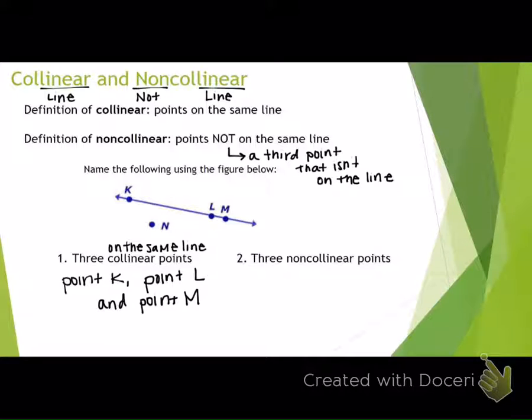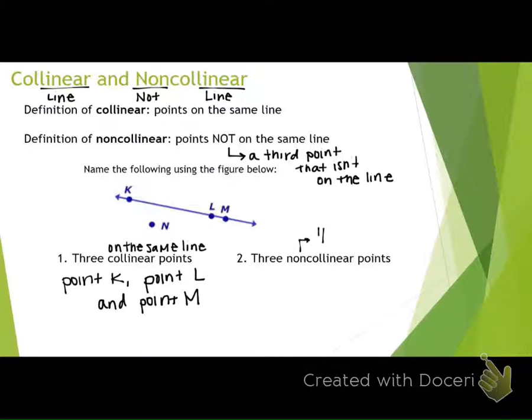So if I ask you to give me 3 non-collinear points, meaning one of the 3 points needs to not be on the line, I can write that as that.